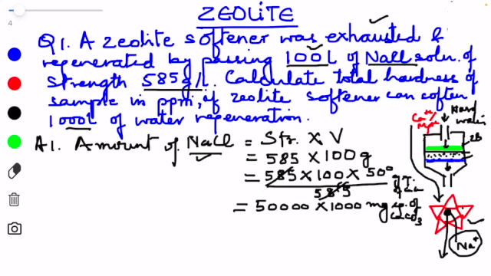So these many milligram equivalence of calcium carbonate are there. Where is it present? It is present in water. This much hardness was present in water, because this much equivalent of NaCl is required to remove those calcium and magnesium ions from the zeolite.